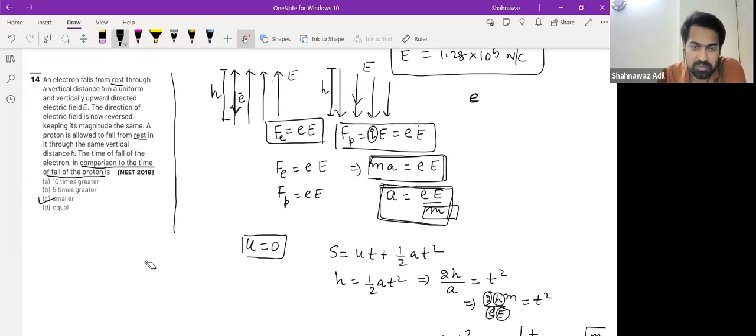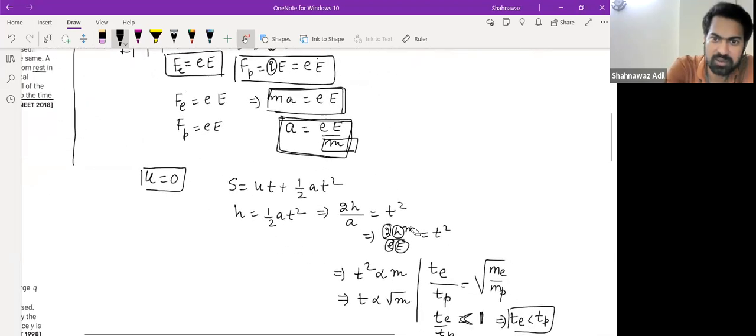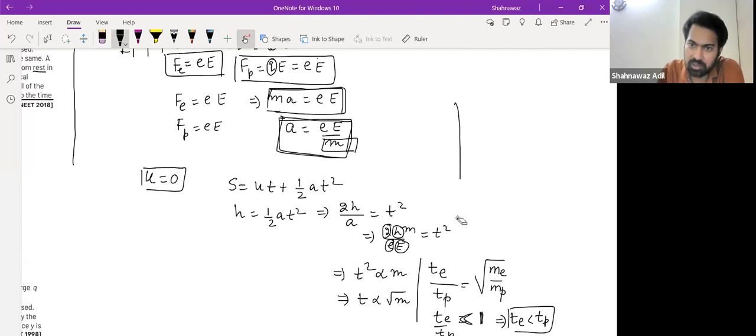Please note this down, and if you have any question, you can ask. You could also have done this by this method. We calculated that t squared is 2hm by eE. So t is root of 2hm by eE.